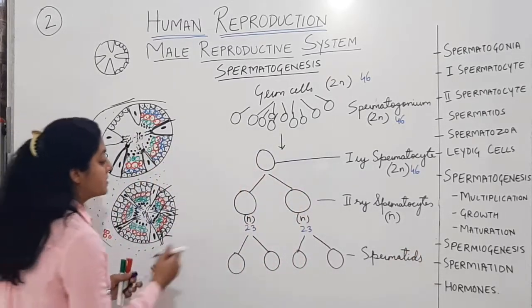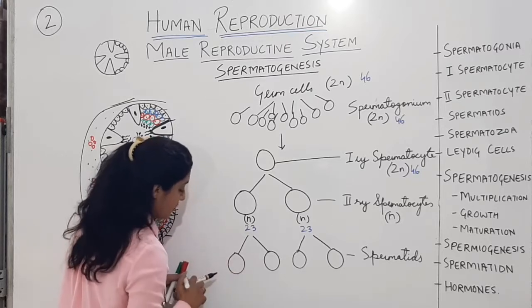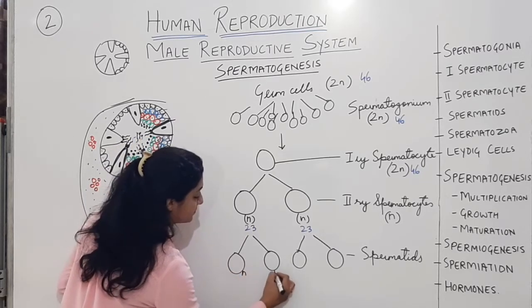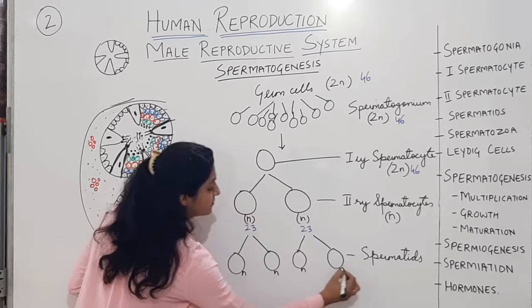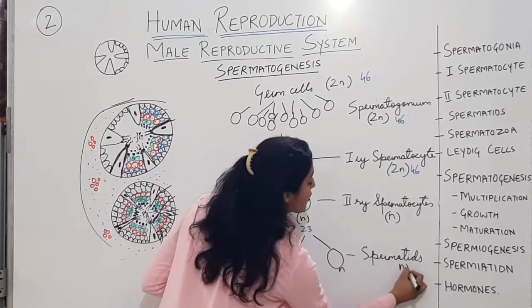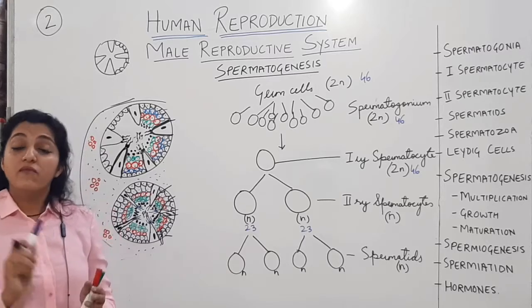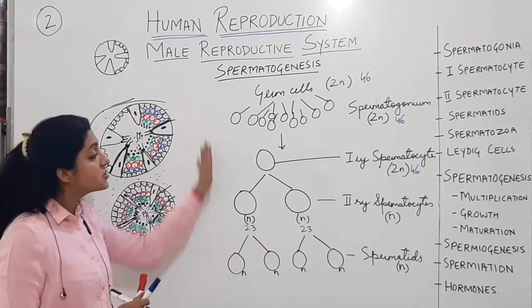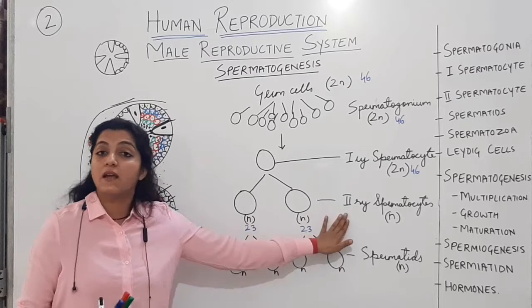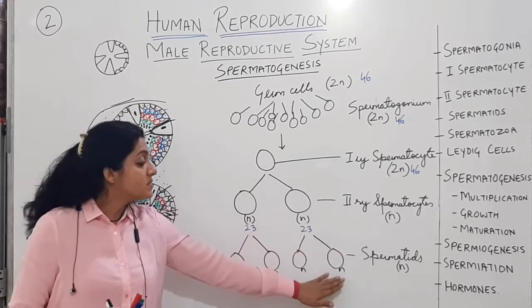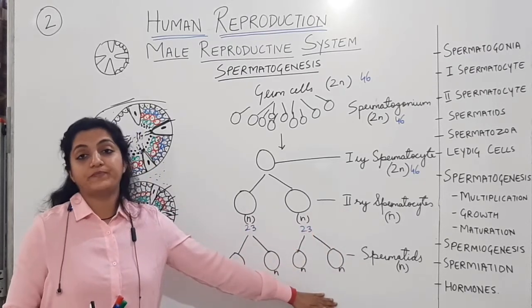Spermatids are again going to be haploid. So spermatid is haploid, secondary spermatocytes are haploid, but the first haploid cells formed in the process of spermatogenesis are going to be the secondary spermatocytes. The spermatids are formed later on.